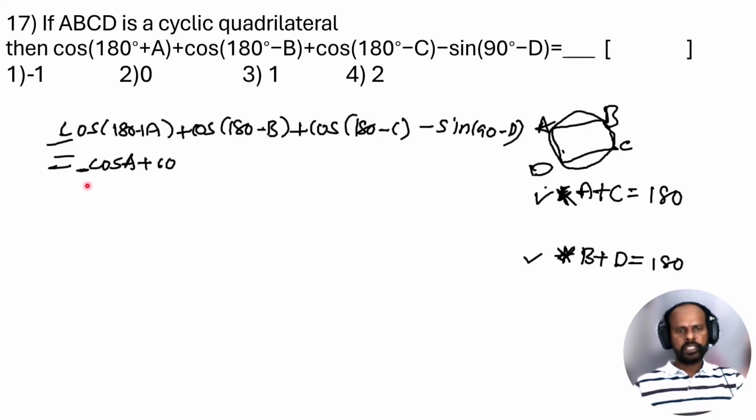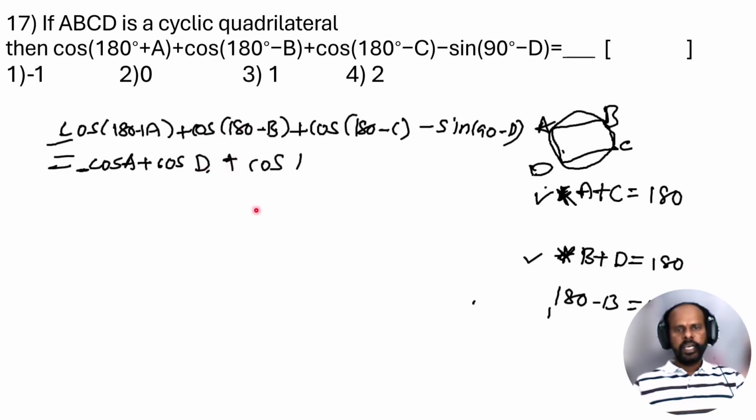And here 180 minus B: since B plus D equals 180, D equals 180 minus B, so you can write D in place of 180 minus B. And next 180 minus C: if you observe, C plus A equals 180, so 180 minus C can be written as A.